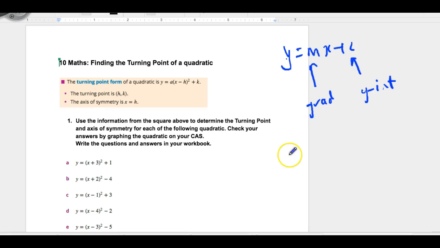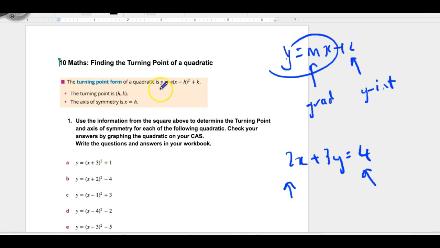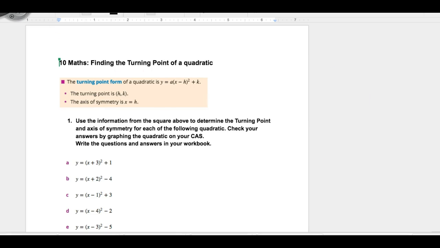But if you had something like 2x plus 3y equals 4, it doesn't automatically mean that that is your gradient and that is your y-intercept. It has to be in this form. So the turning point and axis of symmetry can only be read when it's in this form. Okay, so let's clear that and move on.